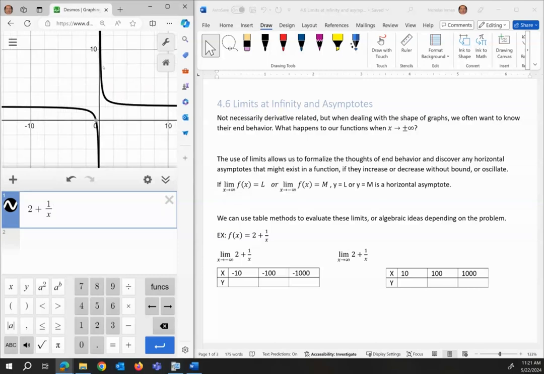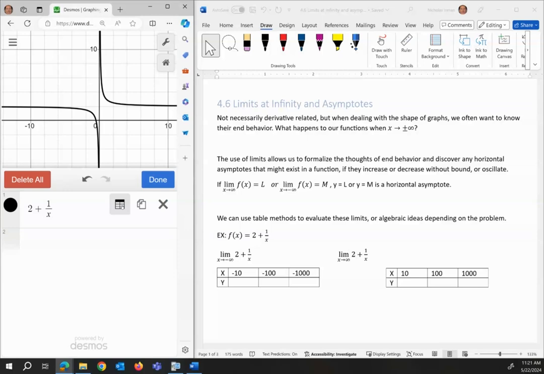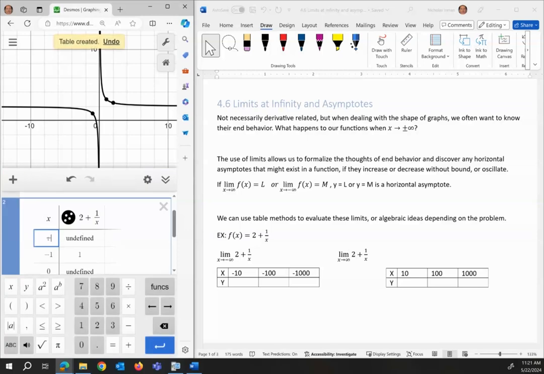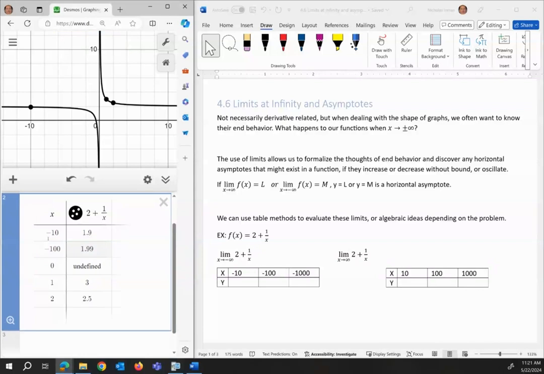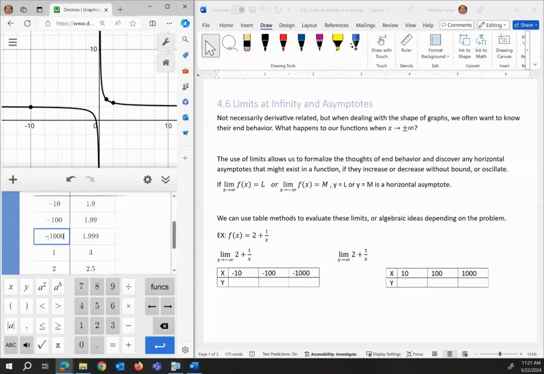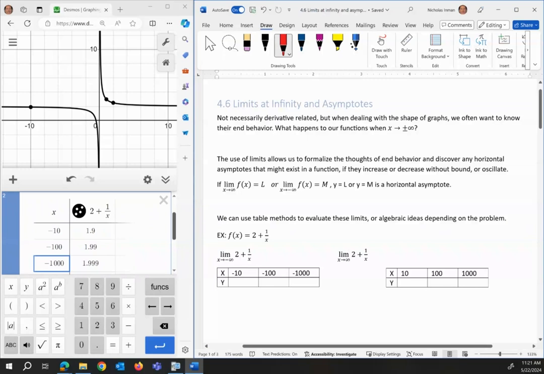You can do these by making a table. If we plug in -10, -100, -1000, notice what happens to the y values when you plug in negative numbers that get much larger. We get 1.9, 1.99, 1.999.